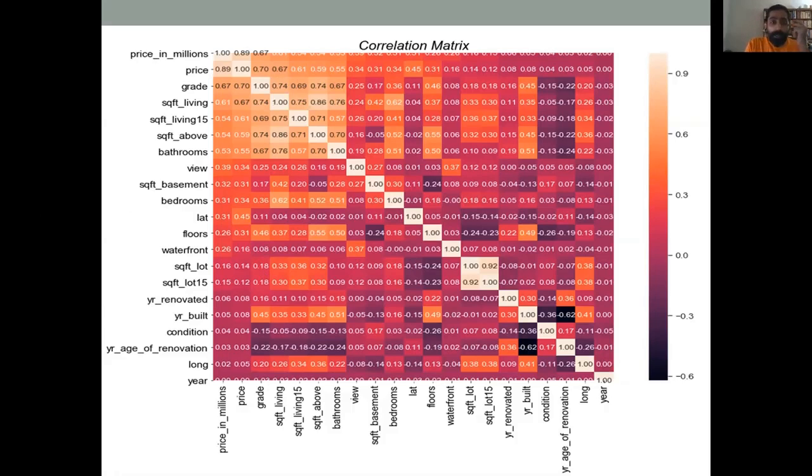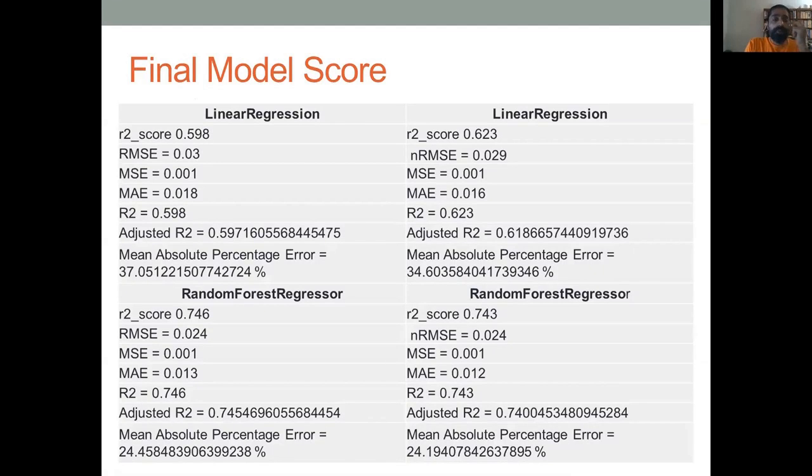My final linear model gave an R square of only 0.59, and on the test set it was 0.623.